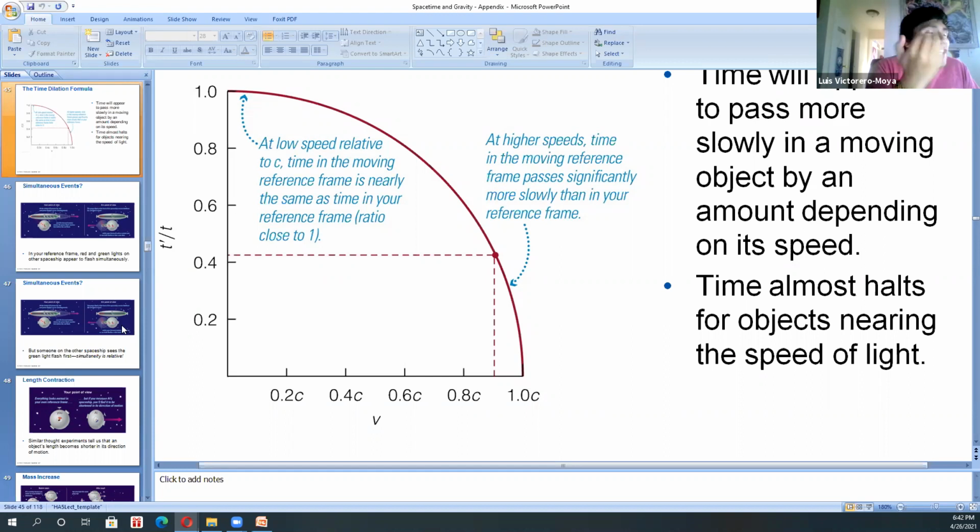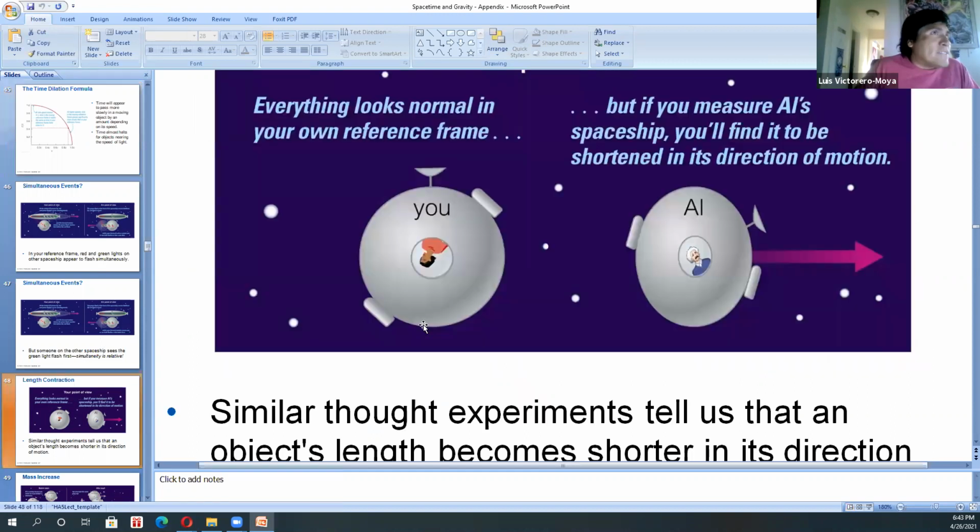So something has to be made up for that. That is length contraction. So the reason why it seems like you are moving faster than light, even though you are not, is because the length between the 2 points is being contracted.